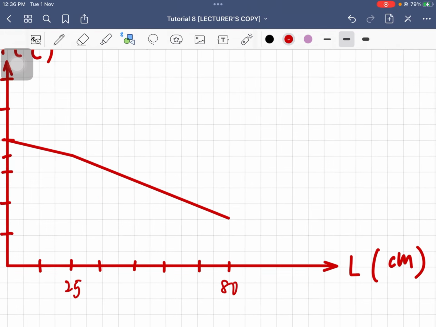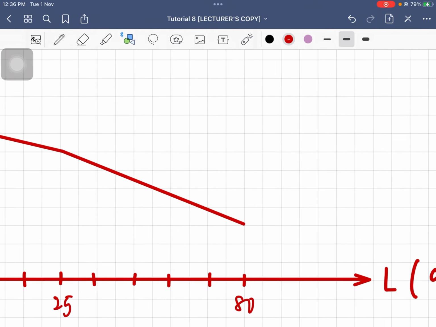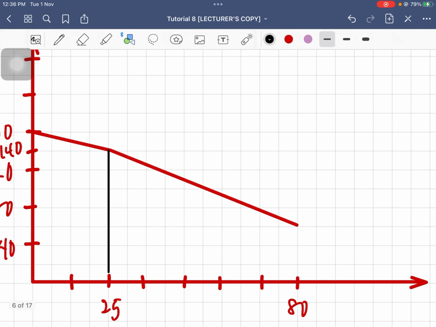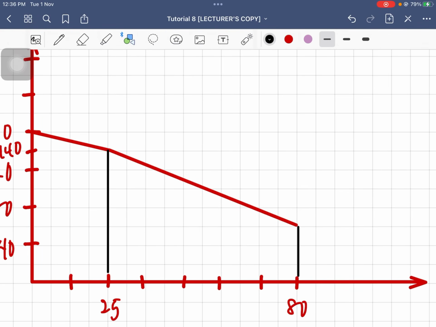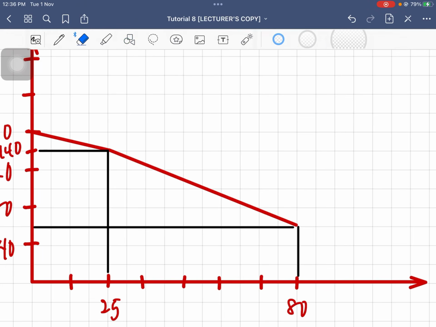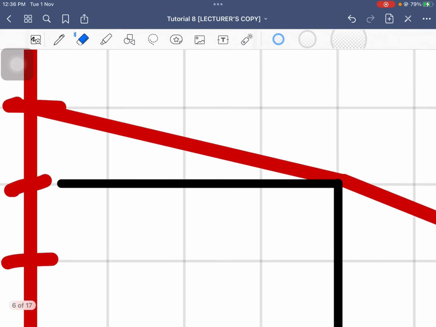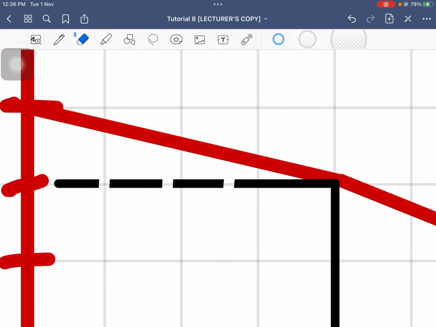That is basically the graph, but let me draw the line to show you that the temperatures are here and here. Sorry, 50 is here. Always start with the largest.